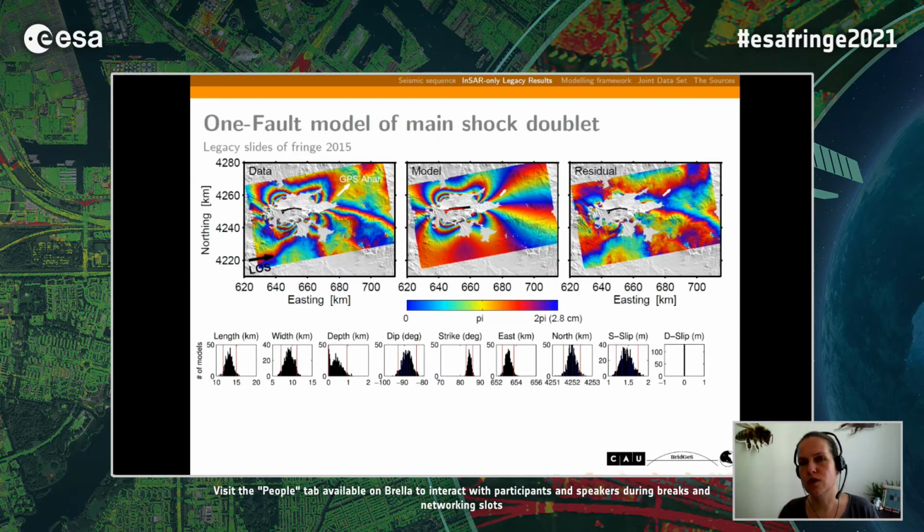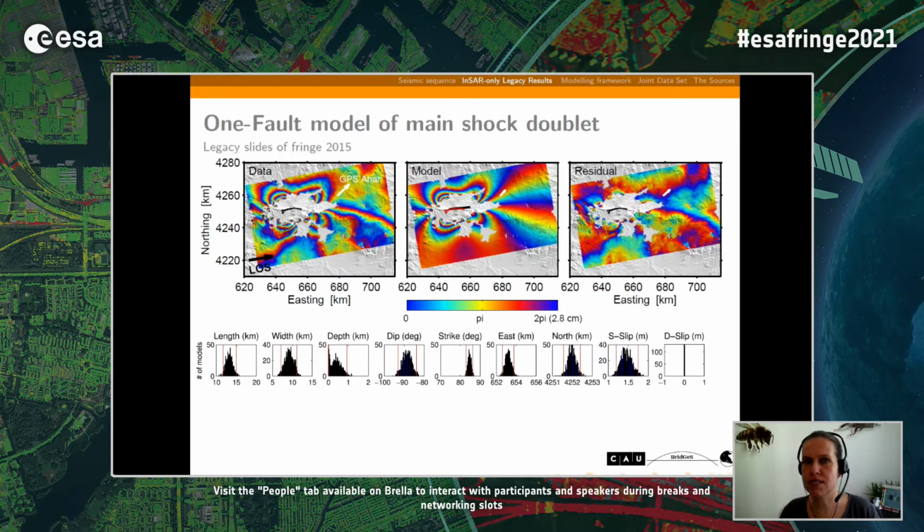So when you just model for the first source and see if this is already a good fit, you can see that you managed to quite well explain the interferogram, the displacement, with a single source that arrives perfectly at the mapped surface trace, which is in the middle. You can see it in red in the middle panel in the modeled one. Yeah, you have some residuals.